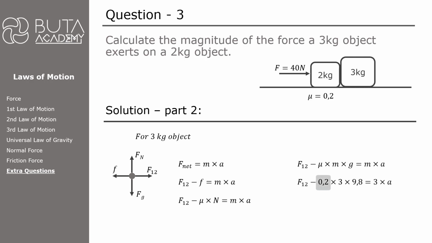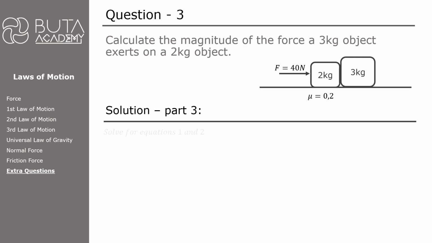Coefficient of friction is 0.2. Mass of the object is 3 kgs. And the gravitational acceleration is 9.8 meters per second square. As a second equation for this question, we get F12 minus 5.88 is equal to 3 times a.